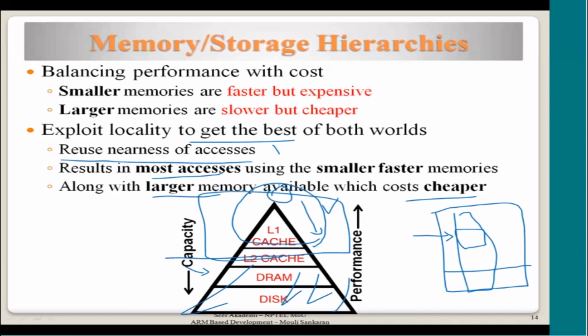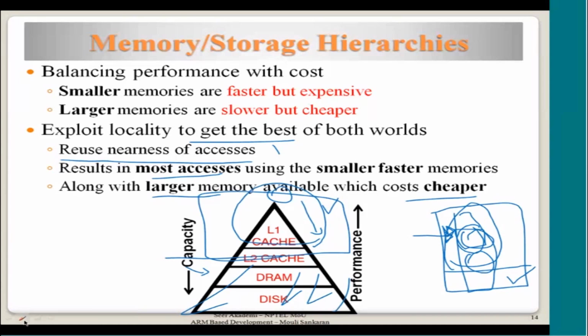Forget about your application program occupying a few megabytes. So your program is larger, but at a time you may need a smaller part of the program, and then you may go to another part based on the input or the control flow of the program. So you need this larger memory, but you need the smaller, faster memory to improve the performance.